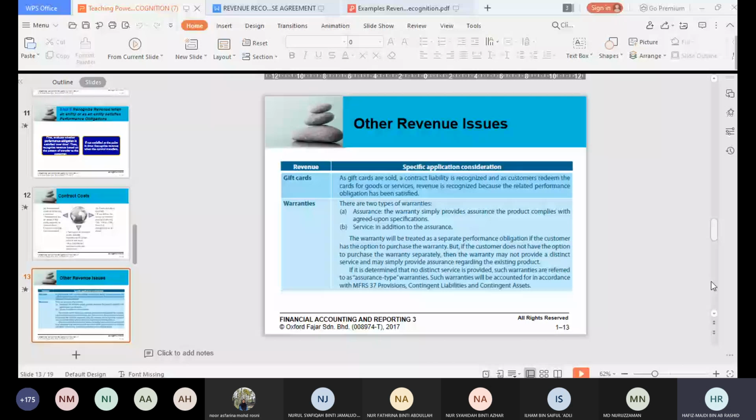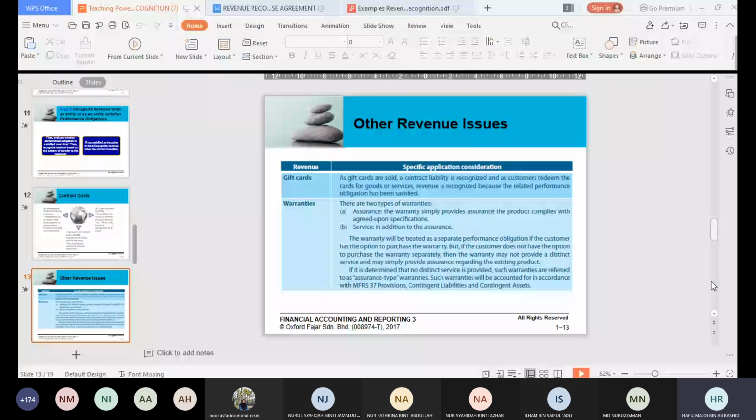Some other issue here is with regard to the gift card. Okay, so for the gift card, for example, a company might sell a gift card, so the purchaser can give that gift card to some other person. Okay, a purchaser purchases a gift card to give it as a gift to another person.